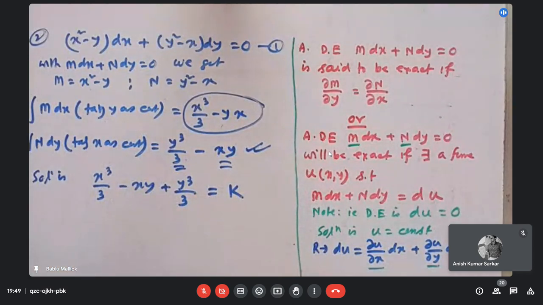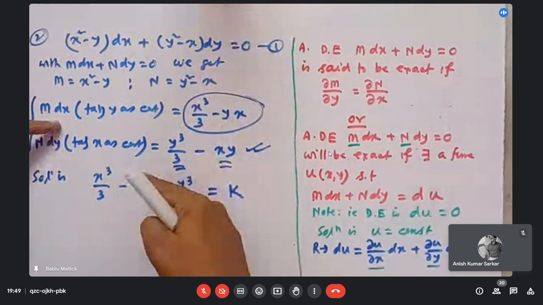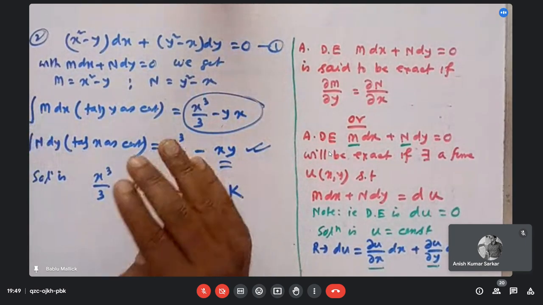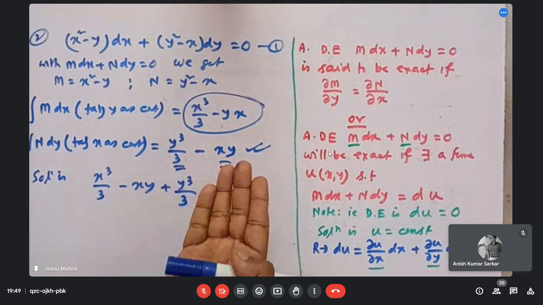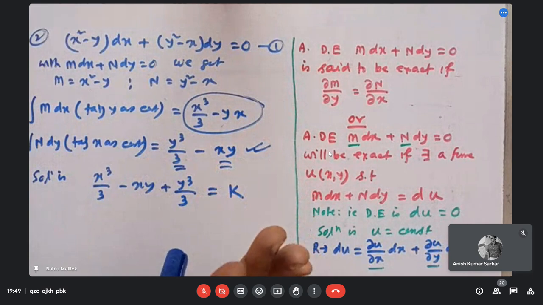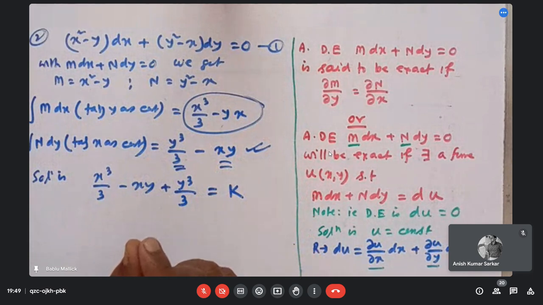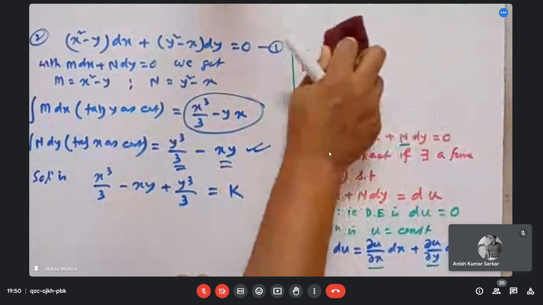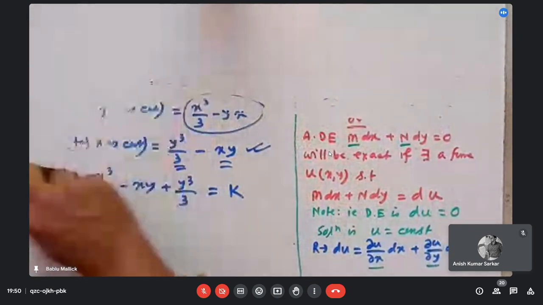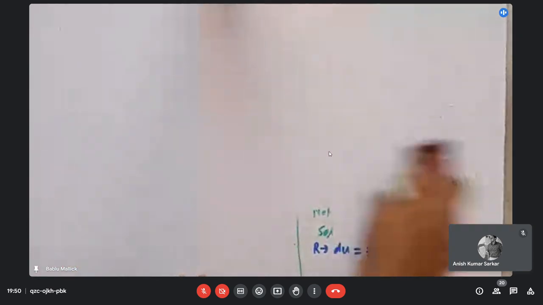Now the question is this, I shall do two integrating factors. Look, if a differential equation is exact, its solution is this. But if a differential equation is not exact, then I can make it exact by multiplying by some function of x and y. This function is known as integrating factor.